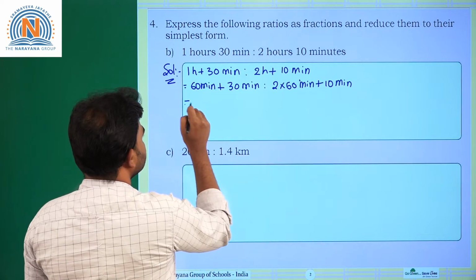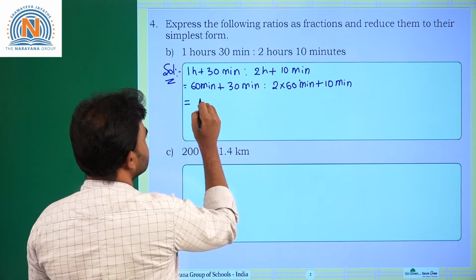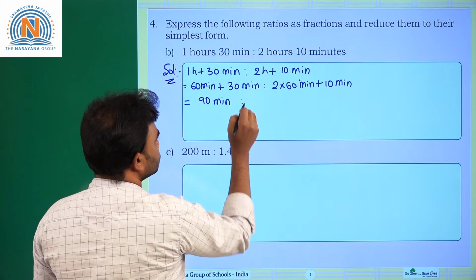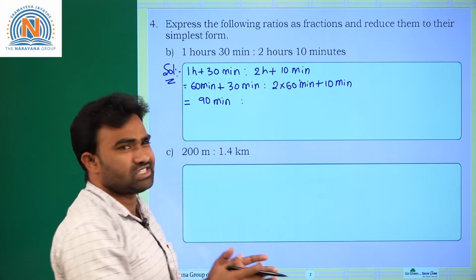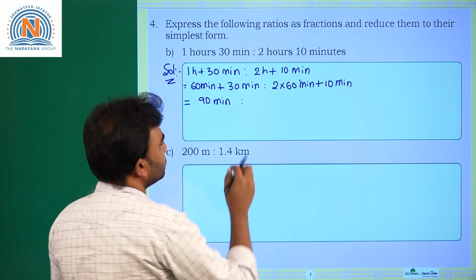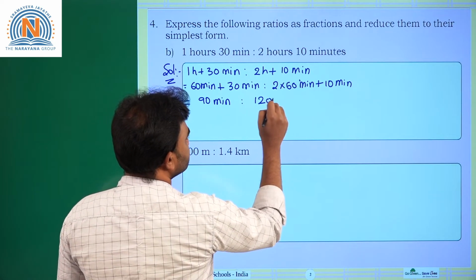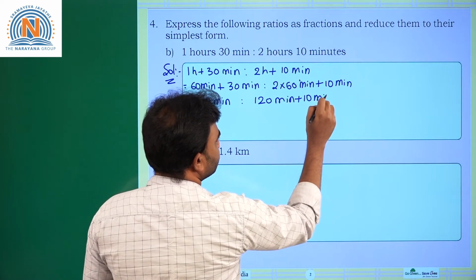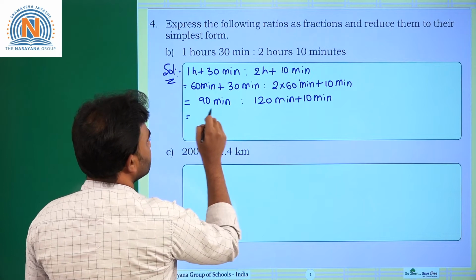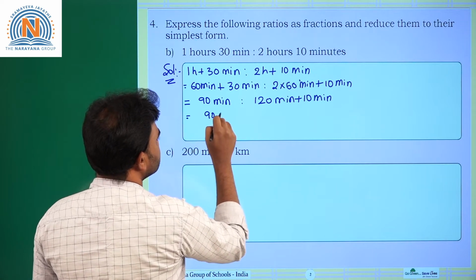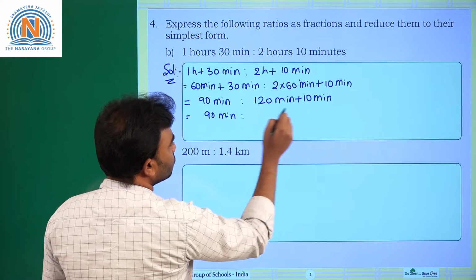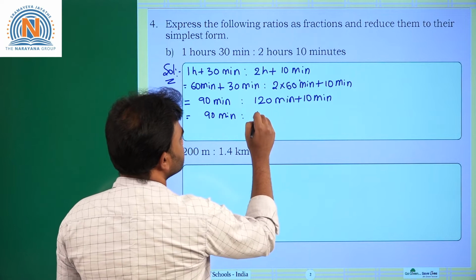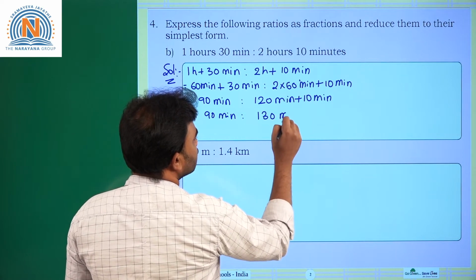It is equal to 60 minutes plus 30 minutes is equal to 90 minutes is to 2 into 60, 2 sixties are 120 minutes, plus 10 minutes, which equals 90 minutes is to 120 minutes plus 10 minutes is equal to 130 minutes.